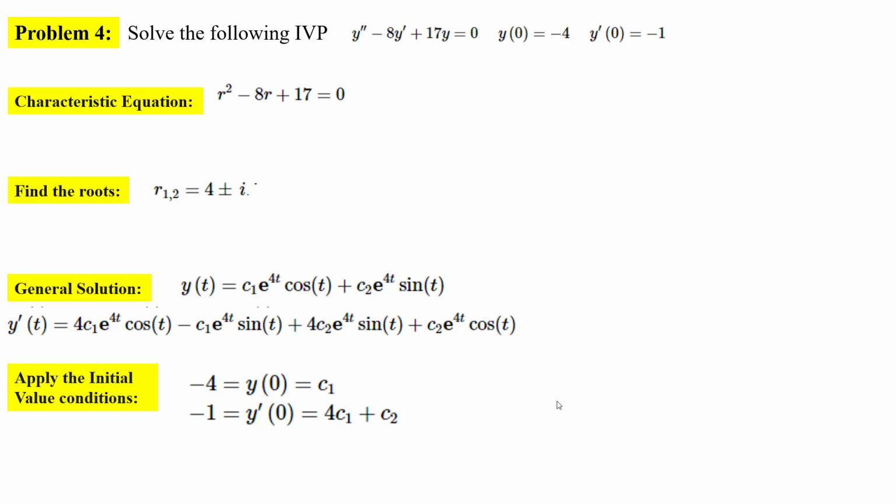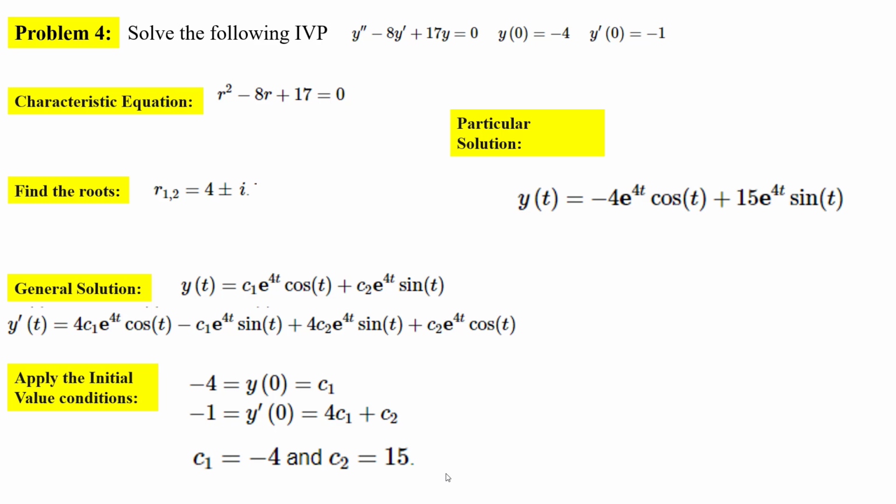And then if you apply the initial conditions, I'm skipping steps a little, negative 4 equals c sub 1, because sine of 0 is 0, so that cancels. And then negative 1 equals 4c sub 1 plus c sub 2. So c sub 1 is negative 4, c sub 2 is 15, and you can piece together a particular solution. You can take its derivative and prove that this is true.